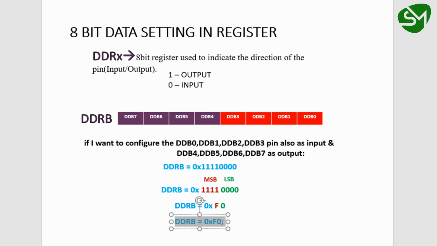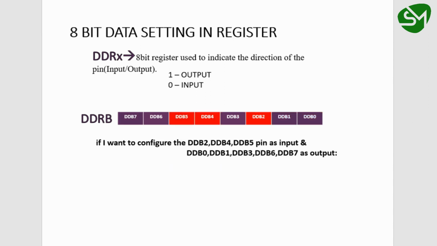So thus this 8-bit data method is used for setting all the 8 bits in a register of a microcontroller. Let's take another example, that is, if I want to configure DDB2, DDB4, DDB5 pins as input and all the other pins as output in DDRB register.